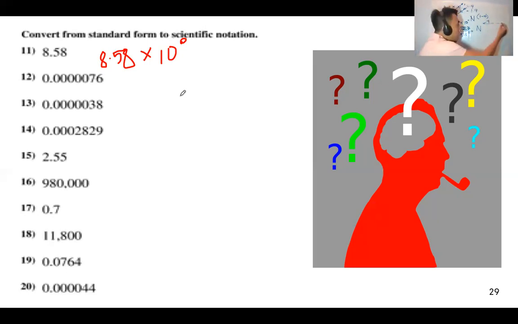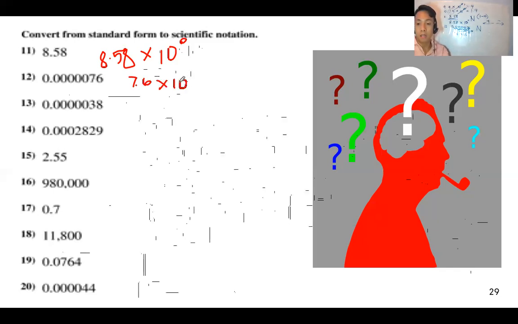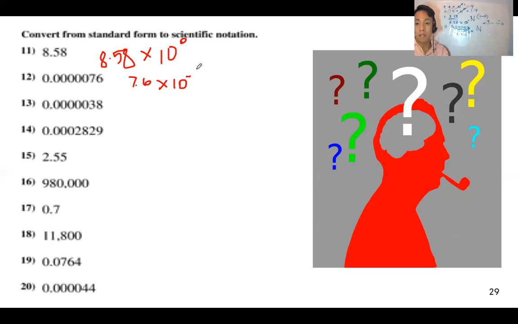Pag nag-right tayo, negative. Okay? So that means nag-right tayo, magiging negative 6. So for number 12, our answer is 7.6 multiplied by 10 raised to negative 6. Okay, any question for that one?